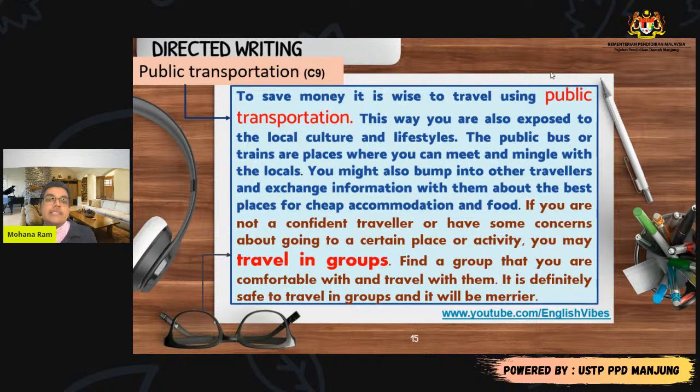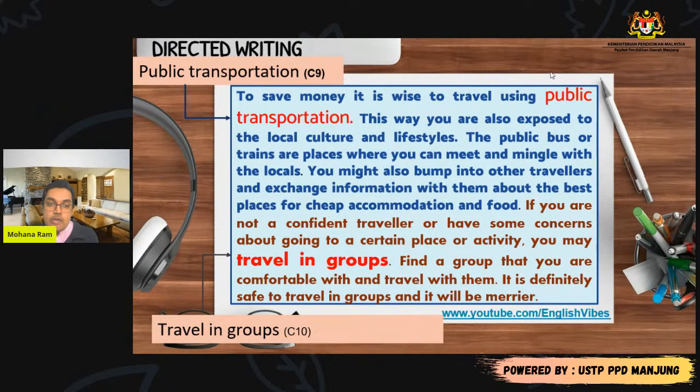The benefits of traveling by public transportation when you go on a holiday: I said you can explore the local culture and lifestyle, you can meet the locals, and you can also meet and exchange information with other travelers. So I have given three pieces of information to support my idea for public transportation. Now the next point is traveling in groups.